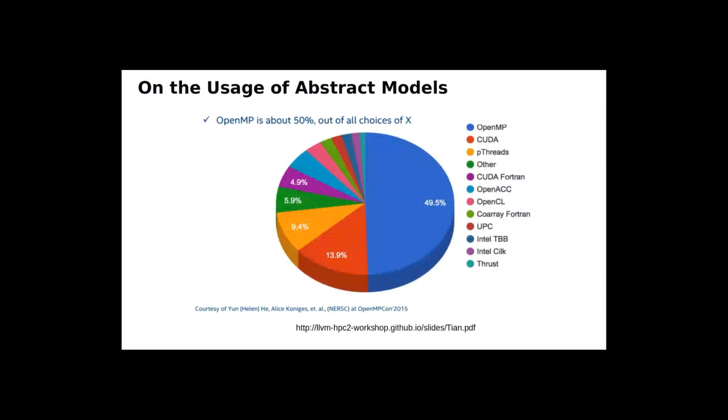Now, it's also important to recognize that the way people program applications is changing over time. If we reach back to around 2015, 5 years ago, and we look at what parallel programming models people were using on our systems, you will see that most people were parallelizing for CPUs, and they were doing so using OpenMP directly.